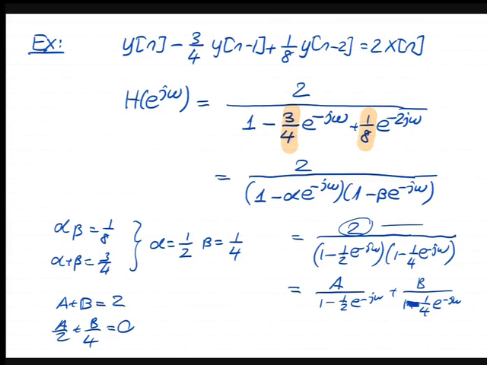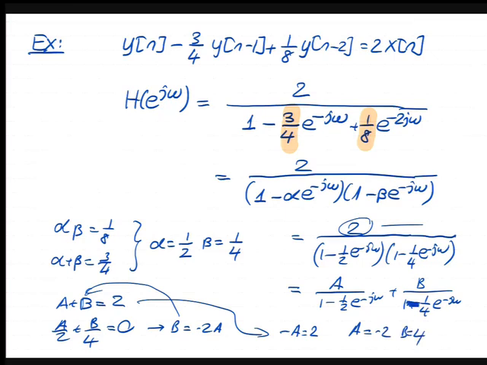So B is negative 2A. Put it in here. That says negative A is 2. So A is negative 2, B is 4, I guess. Is that right?